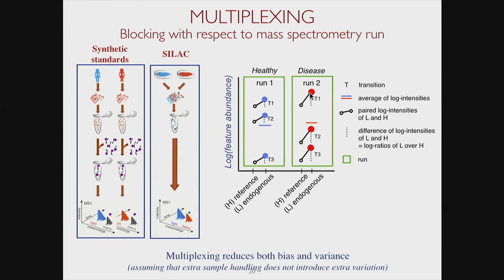So again, we can compare these differences to these differences, and it's much easier to see that they're larger. So this is, again, an example where multiplexing, in this case just adding reference standards in the samples, leads to a more efficient experiment.